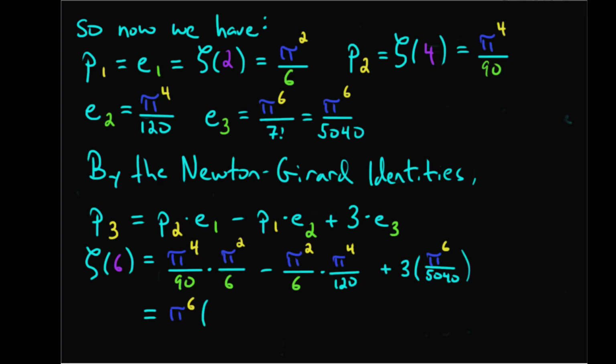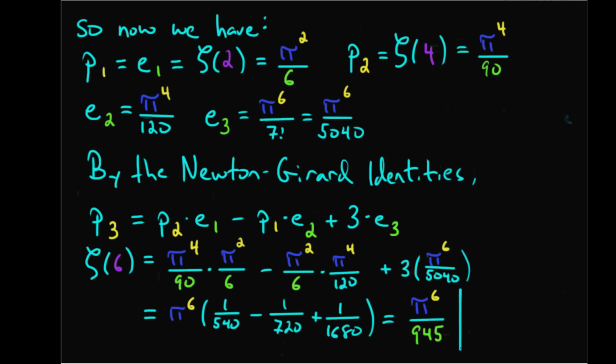Okay, so that equals, factoring out the pi to the 6th there, pi to the 6th times 1 over 540 minus 1 over 720 plus 1 over 1680. And when you do the calculations and find a common denominator and simplify that expression, we get that zeta of 6 equals pi to the 6th over 945.